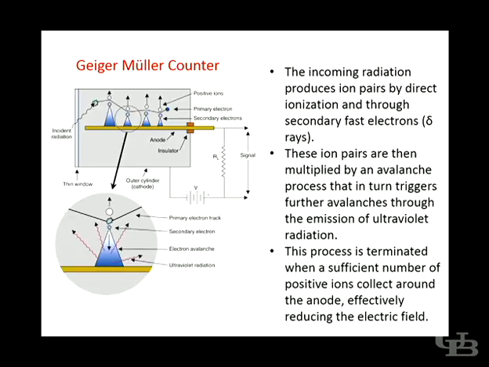Initially you have one ionization, and then when the charge is moving toward the anode, it gets accelerated and creates the avalanche effect. Basically, this is what this triangular shape indicates. There is more ionization produced.